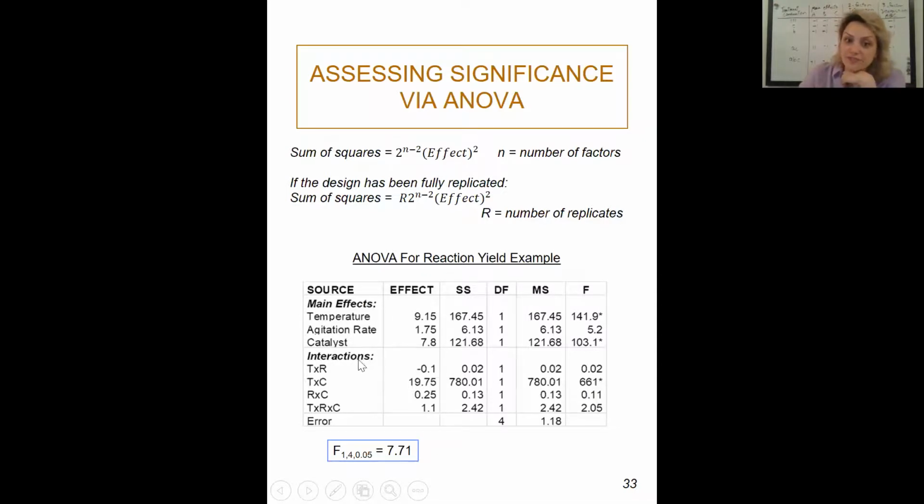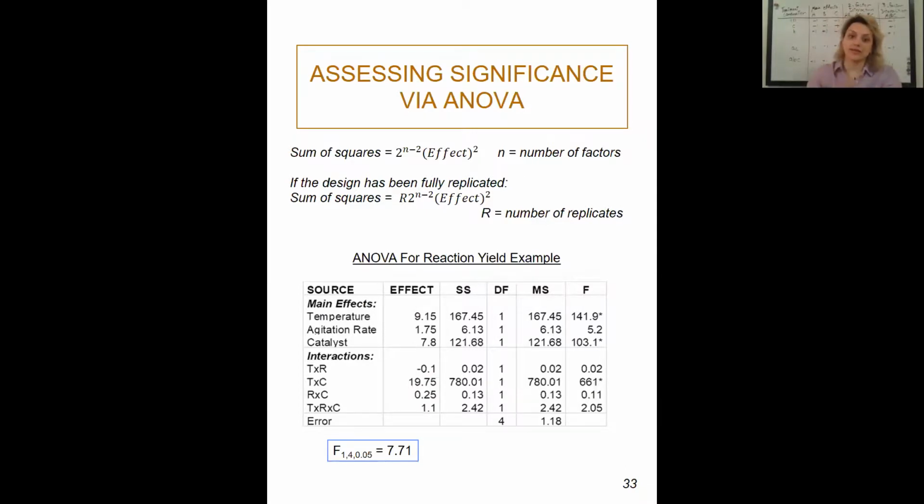For each of these, we are going to find F observed, and from the table we read the F critical, and then compare them, the same thing that we had before. We compare F observed with F critical, and it tells you whether it is greater or less than, so you can say which ones are significant.